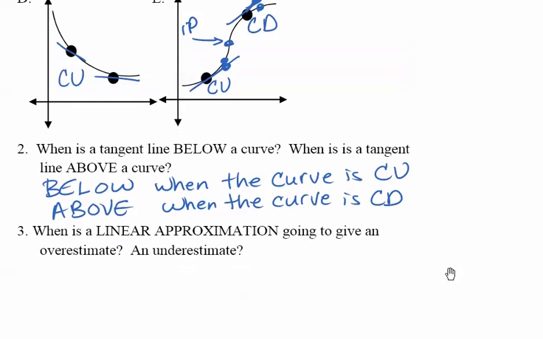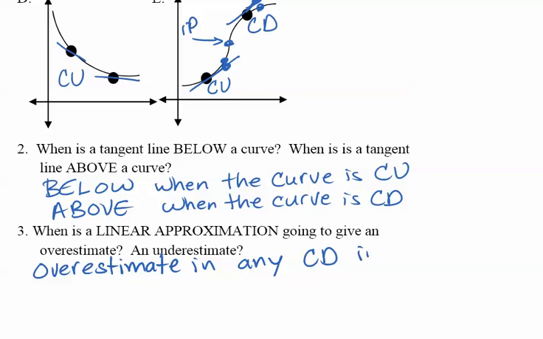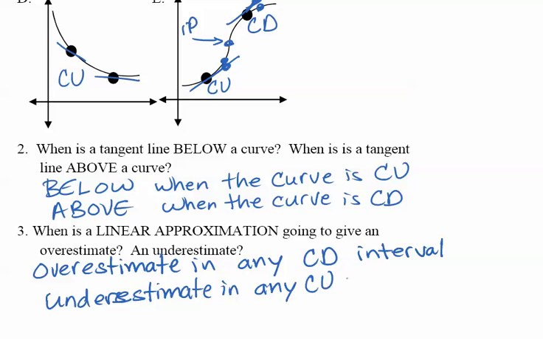So our linear approximations will be overestimates. It will be an overestimate in any concave down interval. And it will be an underestimate in any concave up interval. All right.